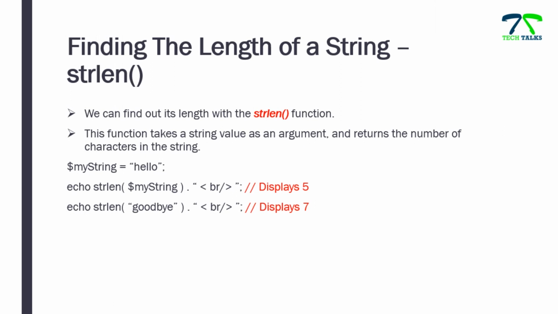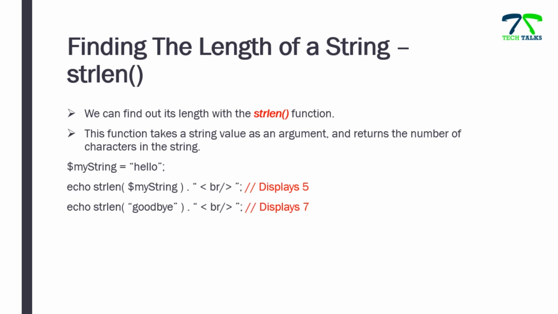Next, finding the length of a string with strlen. If we have a string, we can find its length with the help of the strlen function. This function takes a string value as an argument and returns the number of characters in the string.